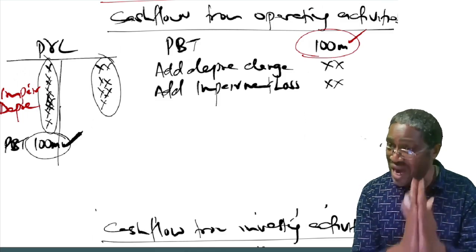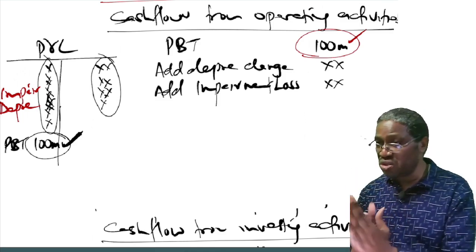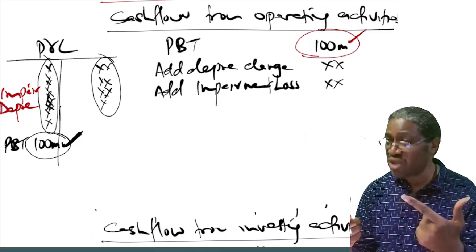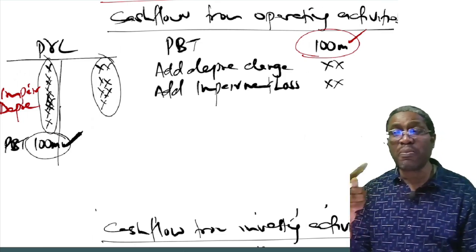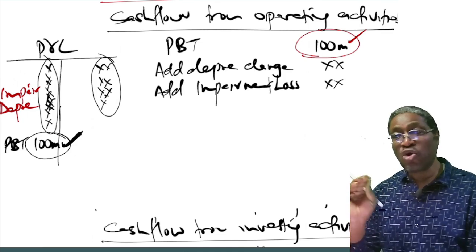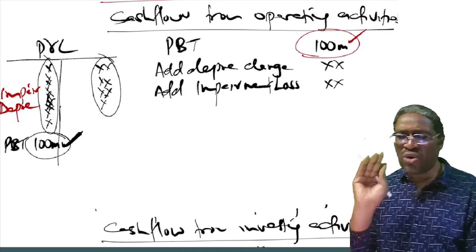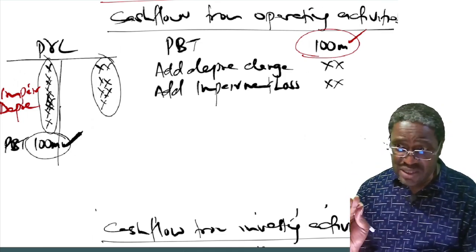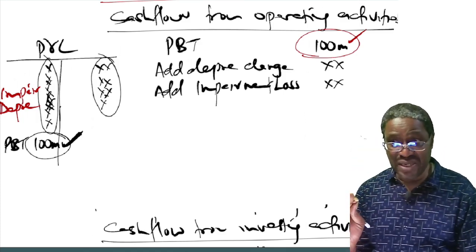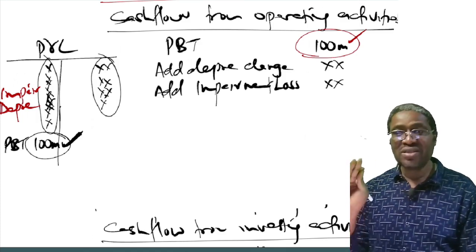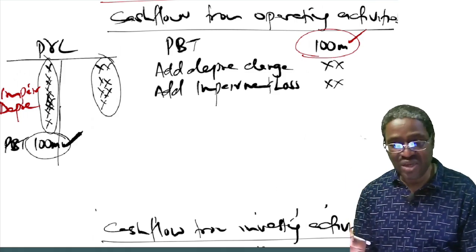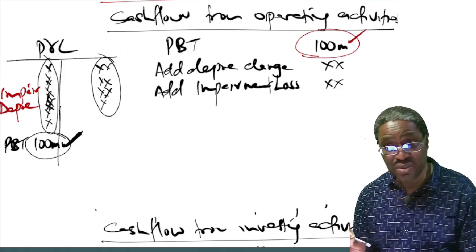We debited the asset, yes, and we credited revaluation reserve. Then come the end of the year, it went direct to the balance sheet. It never went through P&L. If it went through P&L, then we could argue and correct this 100 million. But because it does not affect the profit in the P&L, don't use it to adjust this 100 million in our cash flow statement.